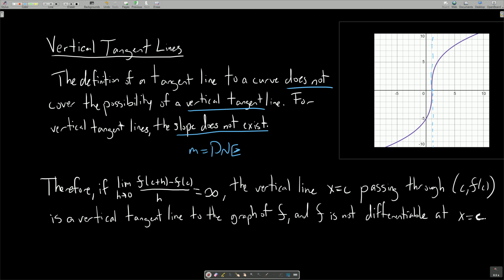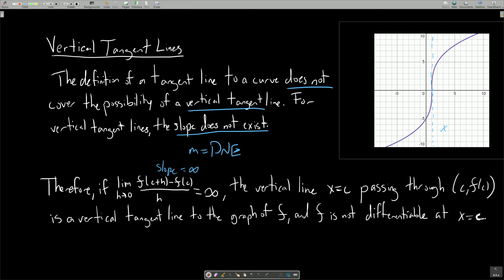We have, therefore, if limit as h approaches 0 of f of c plus h minus f of c over h equals infinity, so in other words, if the slope equals infinity, then the vertical line x equals c, which in this case c is 1 right here.